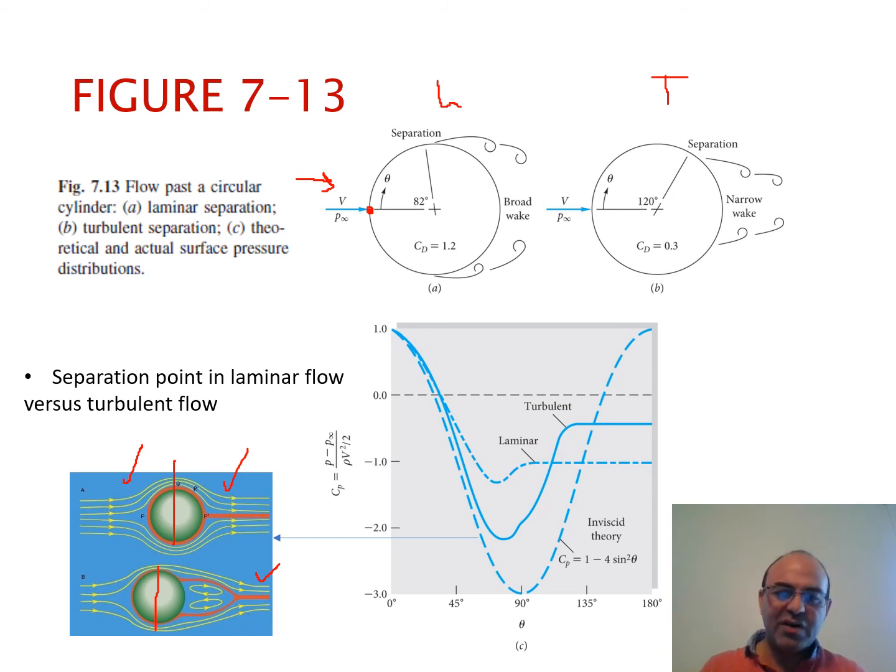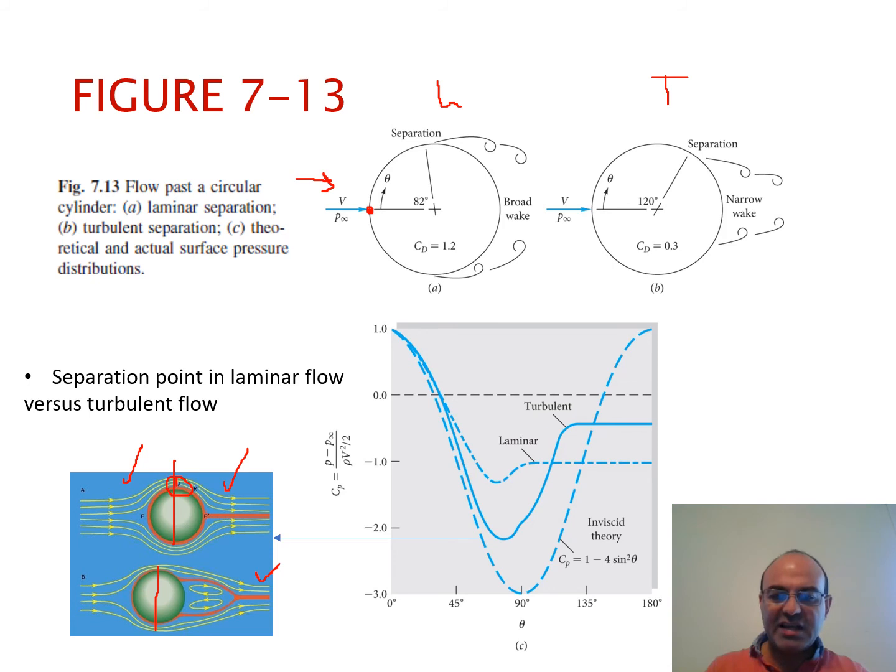So what you see here is that the flow will accelerate as it moves over the surface of this body. The flow accelerates and the velocity increases, somewhere on the top of this object at 90 degrees. The velocity becomes the maximum because it's accelerating.